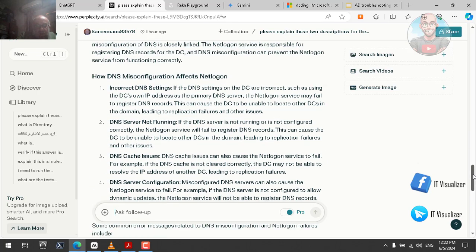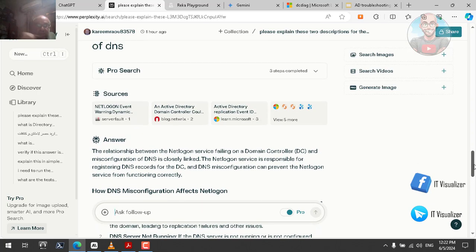So Netlogon is responsible for registering computers in the DNS. One very important thing: Netlogon is registering computers in the DNS. Very, very important. So if this service is not running, it will not register computers in the DNS.